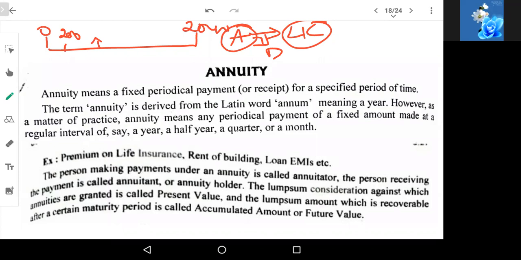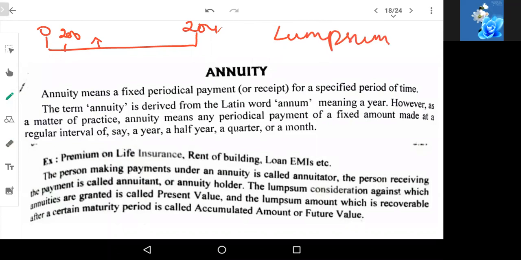Now after 20 years, A will get back his money. How will he get it back? He'll get a lump sum money back. That lump sum money is called the future value.